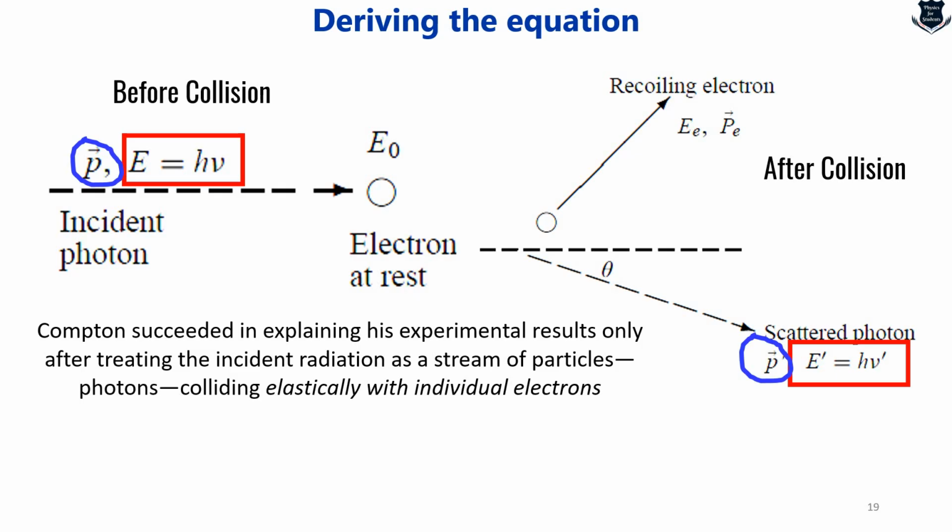When it makes an angle theta, and the electron recoils with a momentum PE, conservation of momentum gives energy E equals h nu, and momentum P equals h nu upon c.